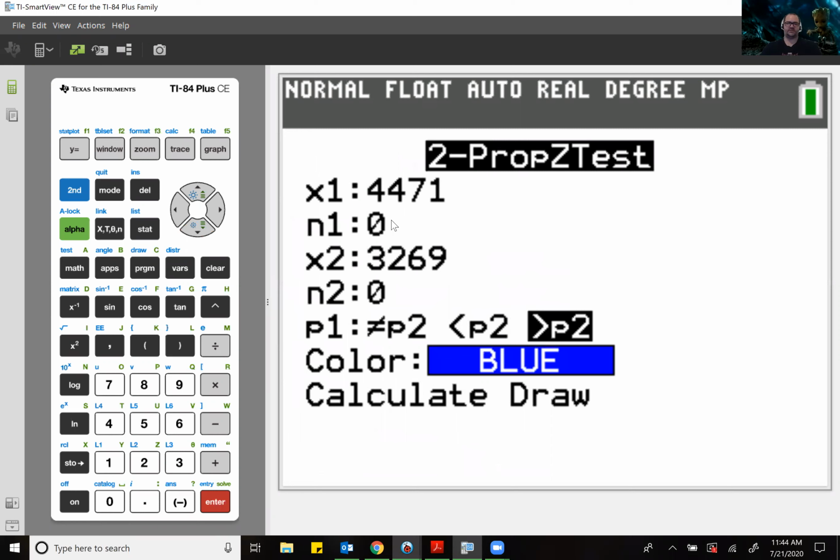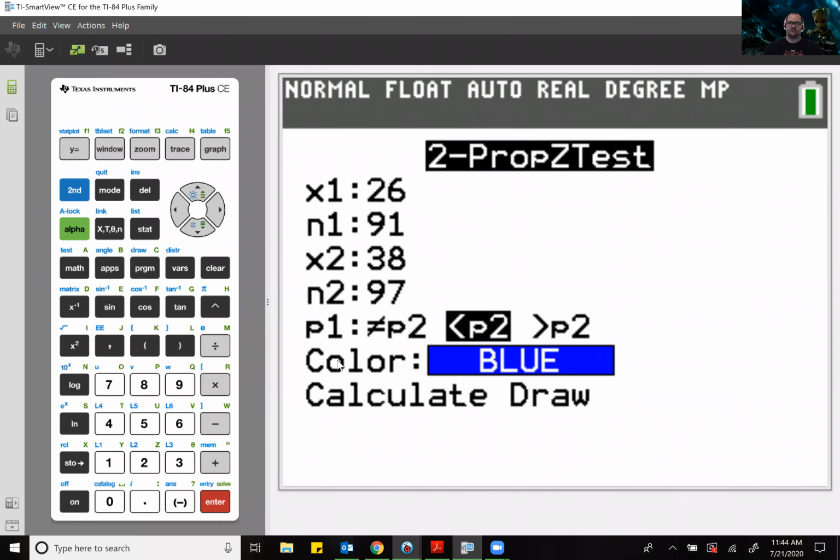We're going to put in our successes, which were 26 out of 91, and 38 out of 97. And down here, you want the less than. And then all you got to do is say calculate.